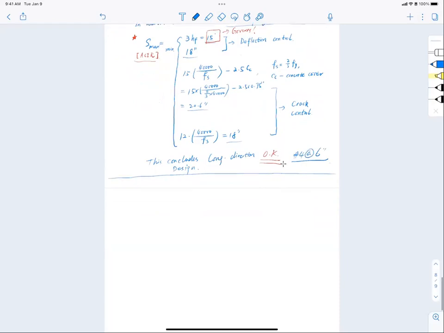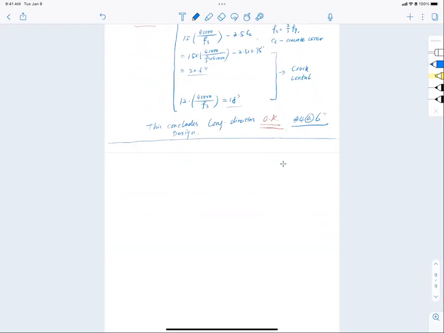Now, after we do the longitudinal direction, let's do the transverse direction. Since I'm doing a one-way slab, I only have moment in the longitudinal direction. That means in the transverse direction I don't have any bending moment. If I don't have any bending moment, I still need to put reinforcement in it.